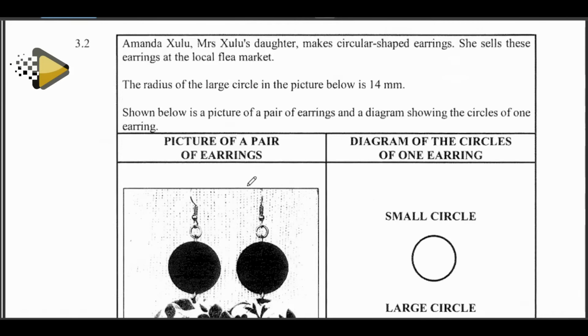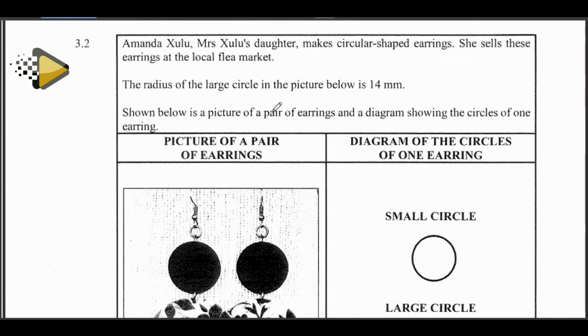Question number 3.2. Amanda, Manly's daughter, makes circular shaped earrings. She sells these earrings at a local flea market. The radius of the large circle in the picture below is 14 millimeters.